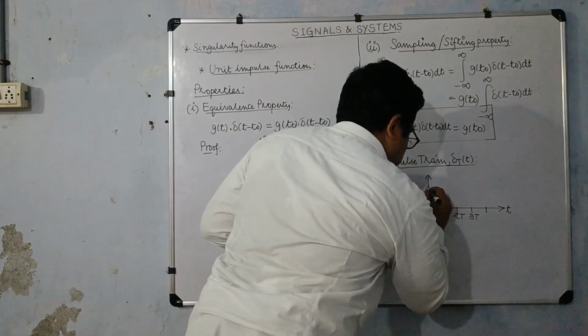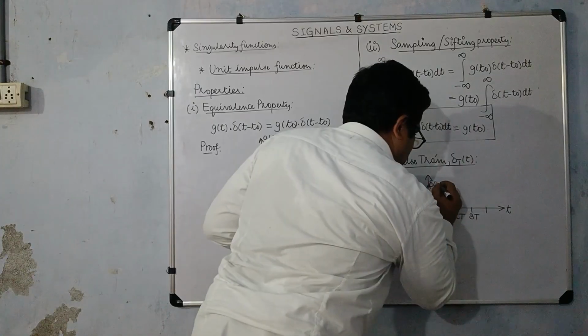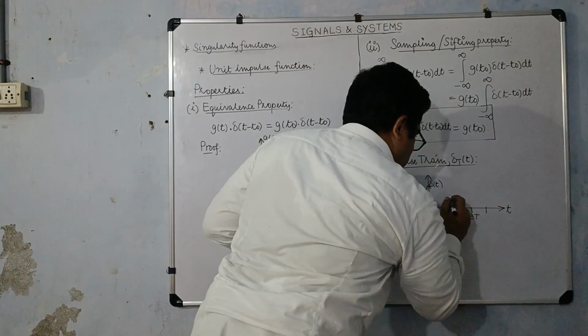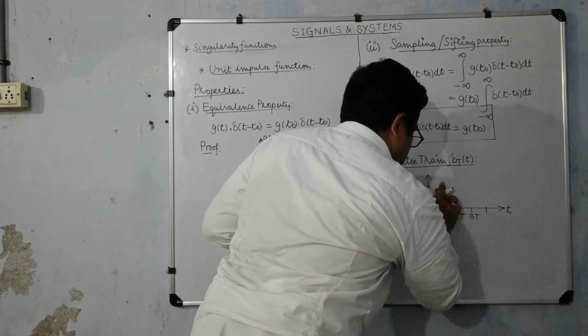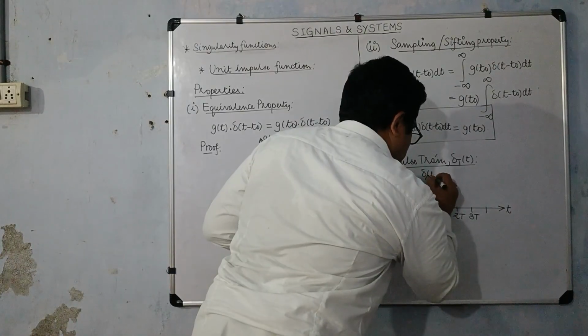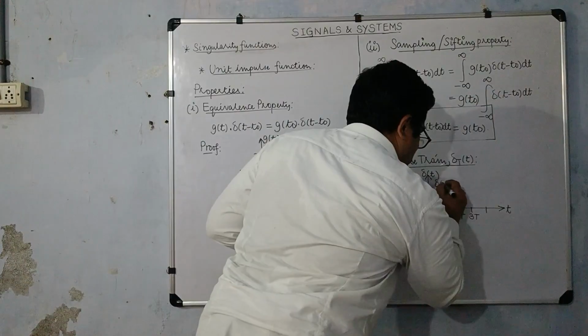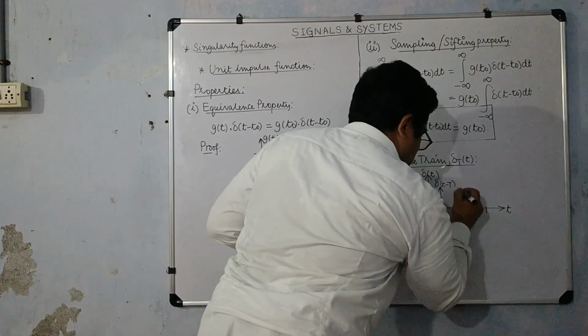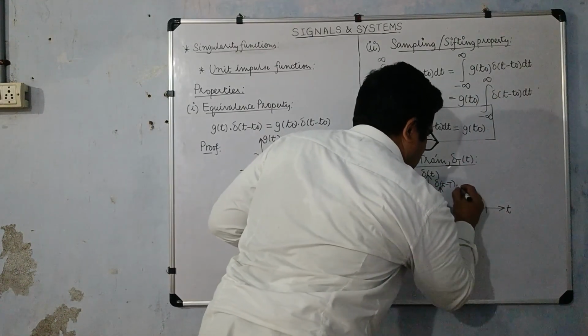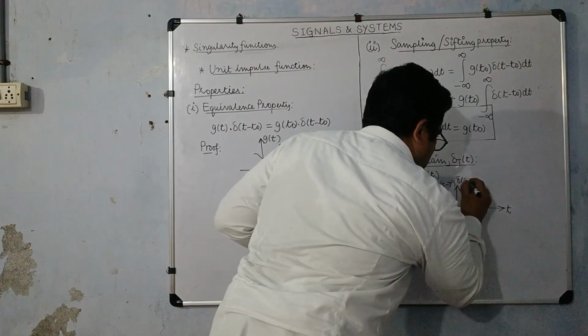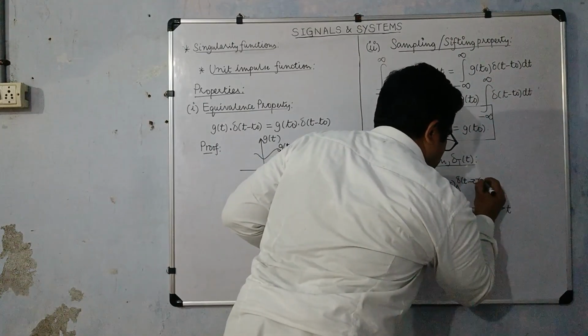So at 0 it is delta of t. At t is equal to T, it is delta of t minus T. This will be delta of t minus 2T, and so on.